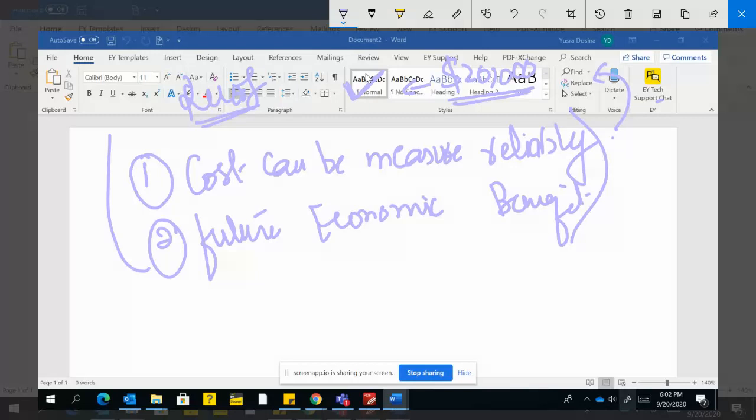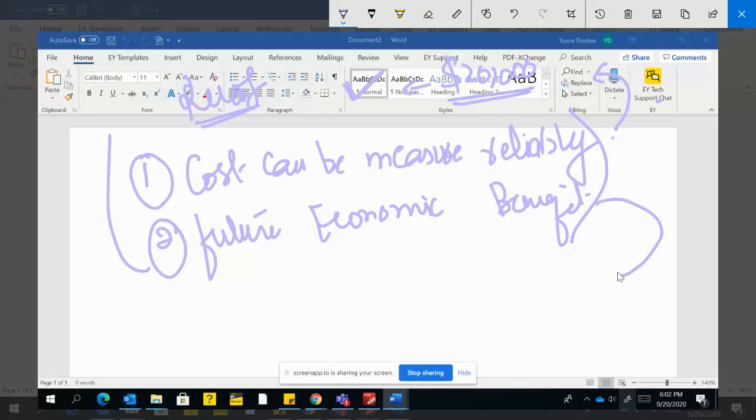All assets have some cost, some amount. So there is some cost obviously involved when you are buying an asset. This is the first criteria.